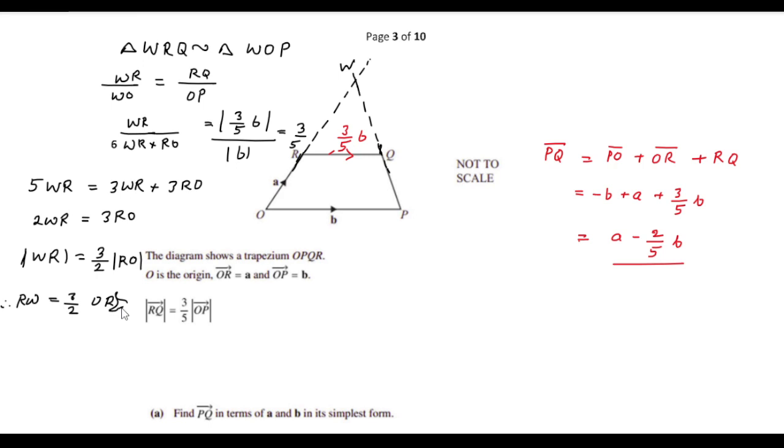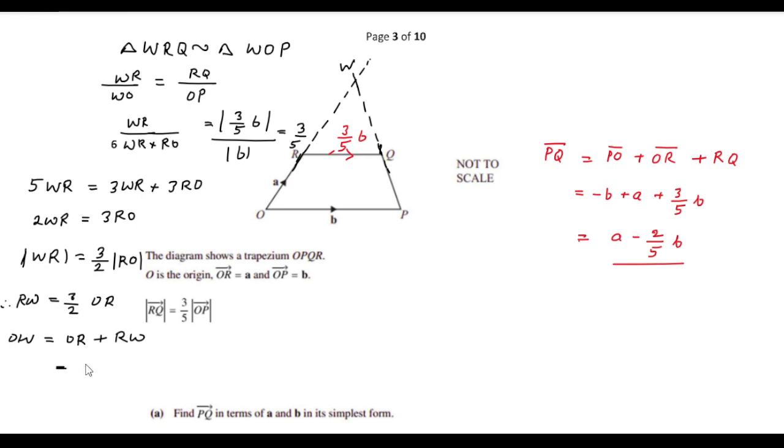Okay, now I have to find out what is the position vector of this W. So therefore your OW is going to be OR plus RW.